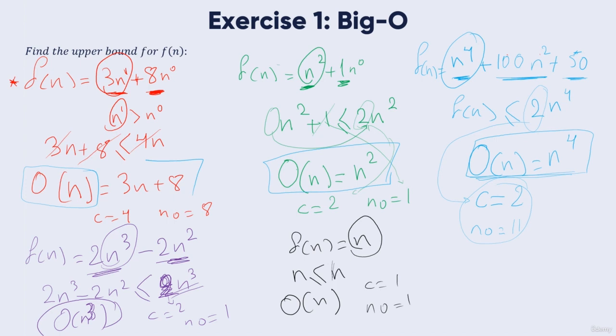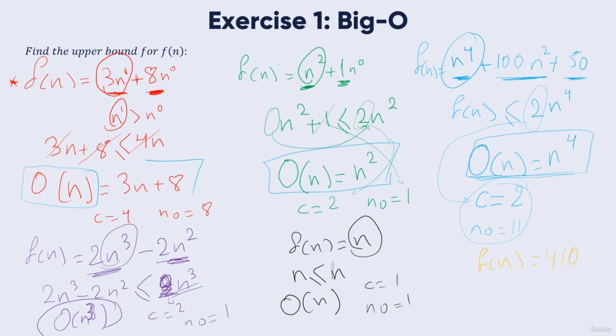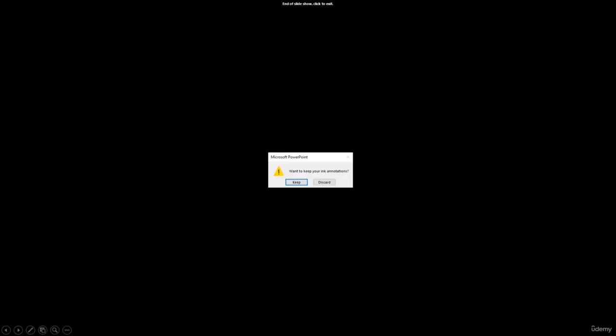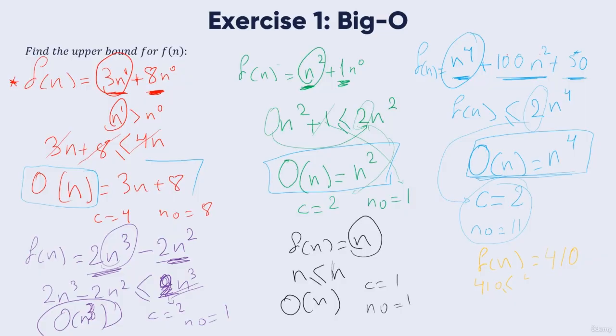Let's choose another example. f of n equal to 410. 410 is less than or equal to 410. Okay? It's very simple.